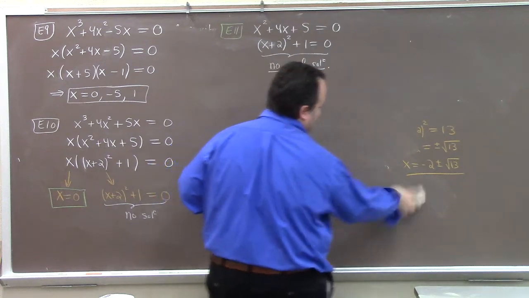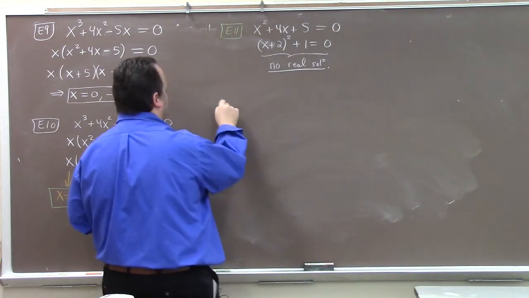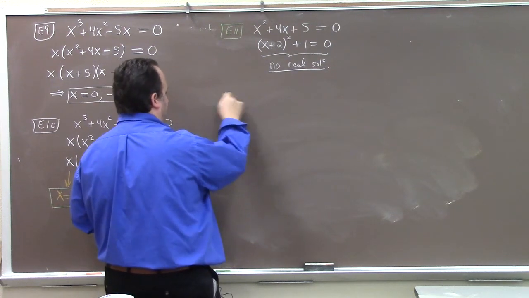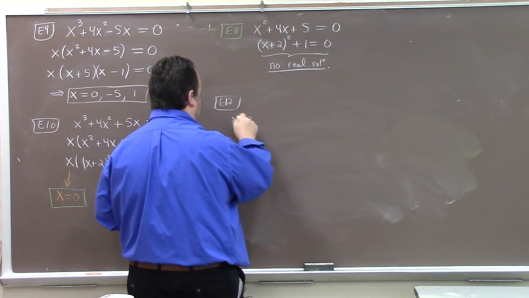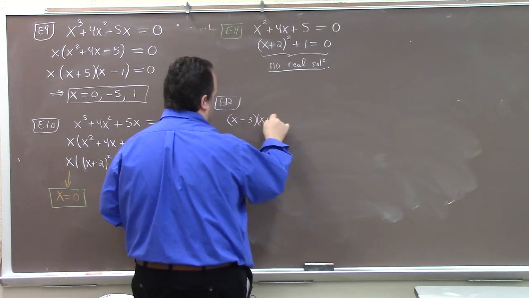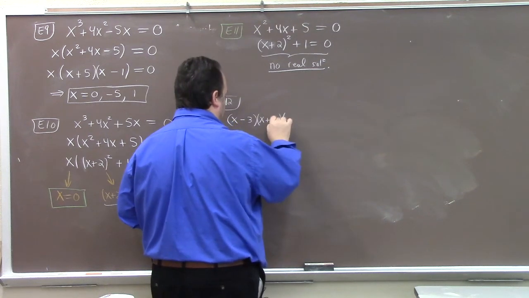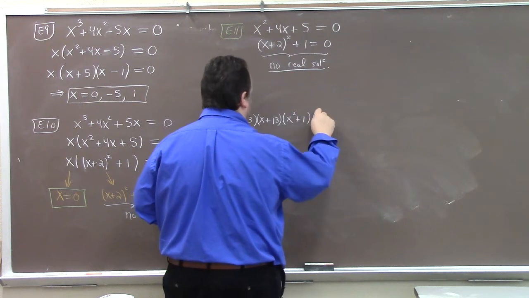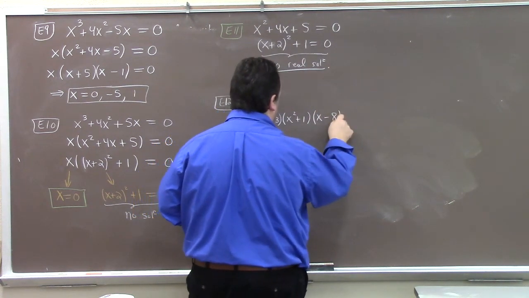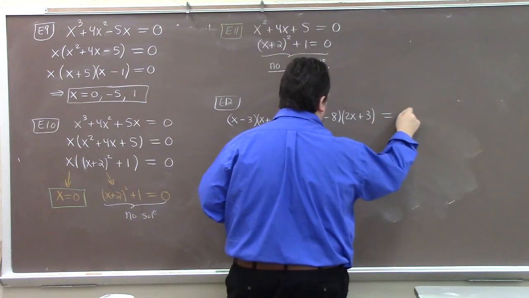Here, let me give you one more example for today and we'll call it a day. Example 12. Suppose we have x minus 3 times x plus 13, times x squared plus 1, times x minus 8, times 2x plus 3 equals 0.